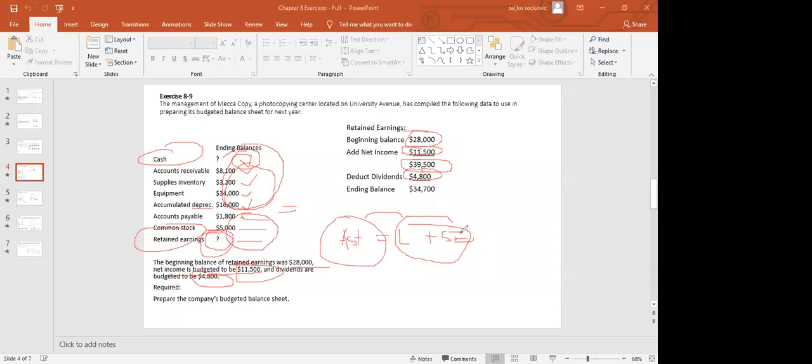So just remember that. So your ending balance is 34,700. Okay, so this is your retained earnings. So now that you know 34,700, you just add it here, because the question might be what's your cash, right? Instead of what's your budgeted balance sheet, which is the same thing. So now you would add 1,800.